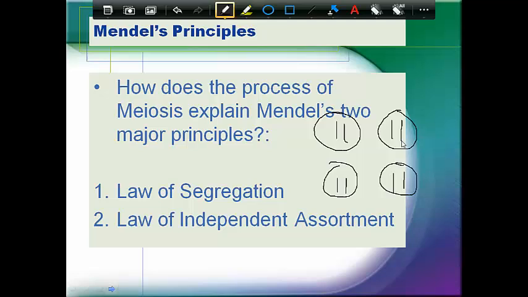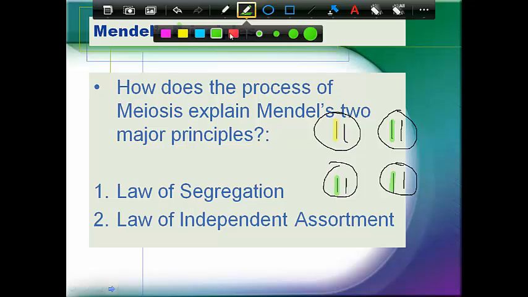And on those chromosomes, I'm just going to put different colors so we can keep track of what is what. So this was a homologous pair with, let's say, green and yellow, going to go together. Make those the other half of that homologous pair. And we'll put pink and red together.